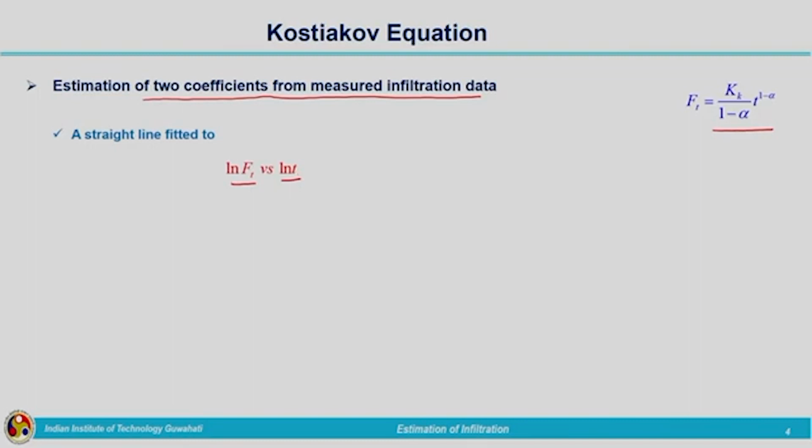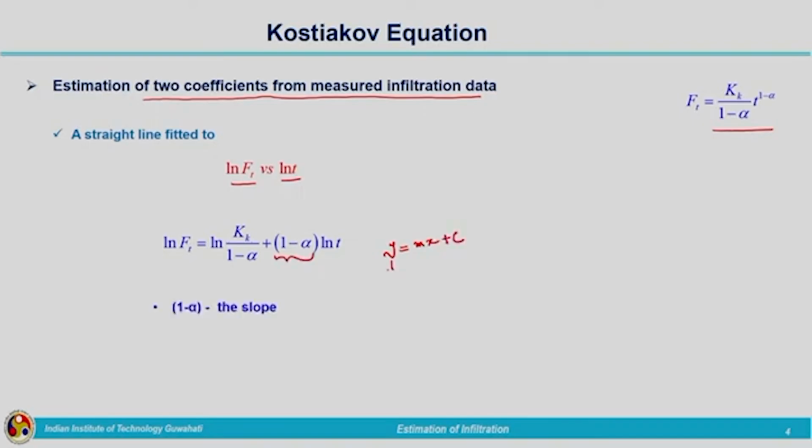We will be taking the natural logarithm of these data points, ln F of t and ln t. So, if we take ln F of t, the equation takes the form ln of Kk divided by 1 minus alpha, plus 1 minus alpha multiplied by ln t. So, this is in the form of the equation of a straight line, y equal to mx plus c.